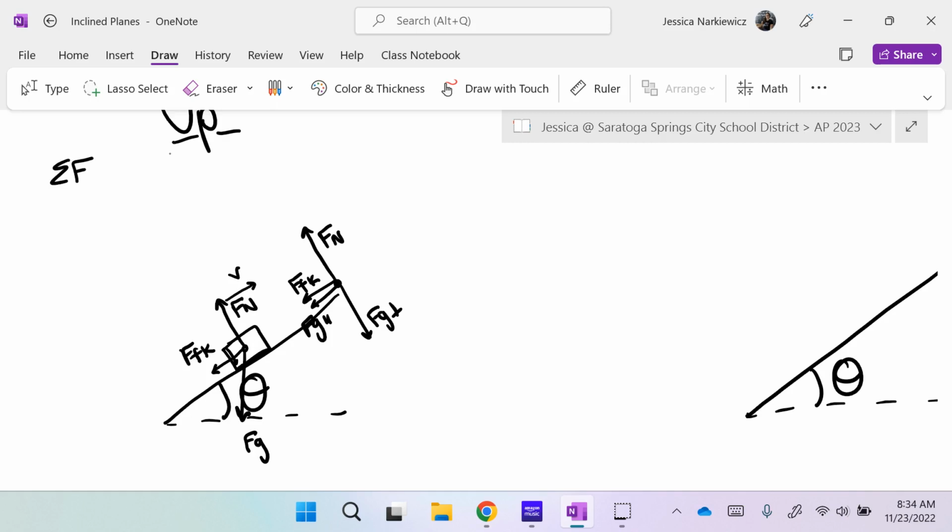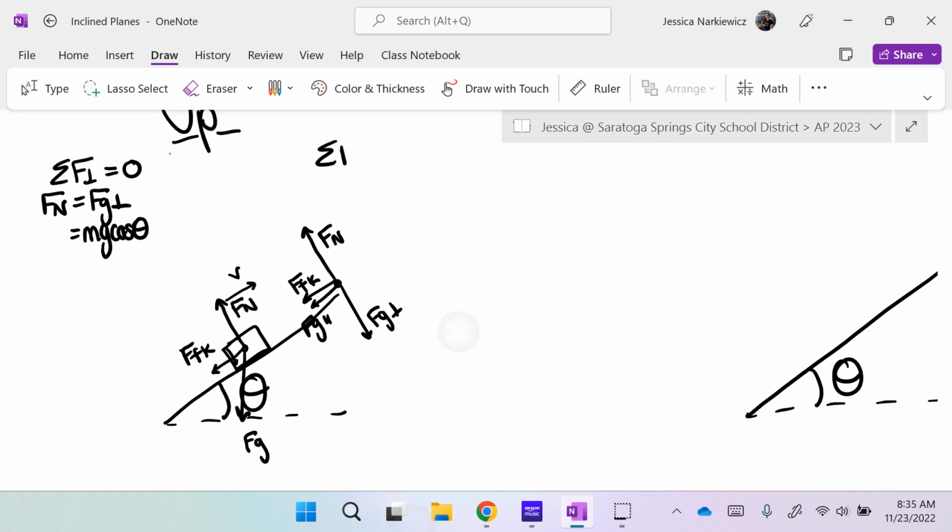So net force perpendicular is pretty much always going to be 0 because we're not going to be accelerating into the incline or jumping off the incline. And unless there's some other force applied at an angle, our normal force is going to equal Fg perpendicular, so that's mg cosine theta.